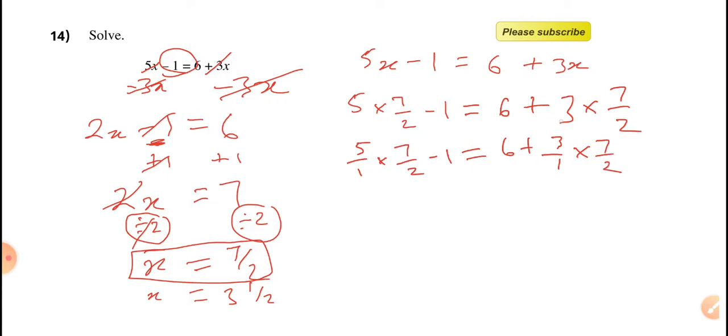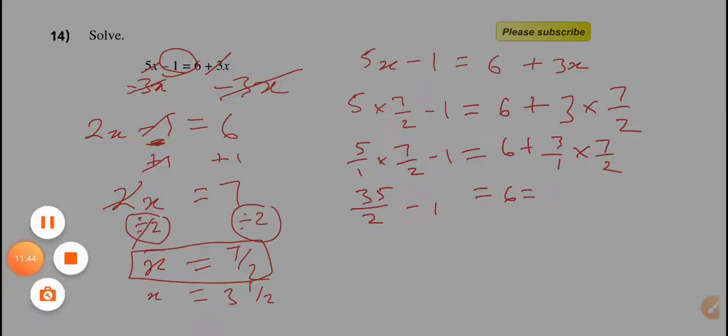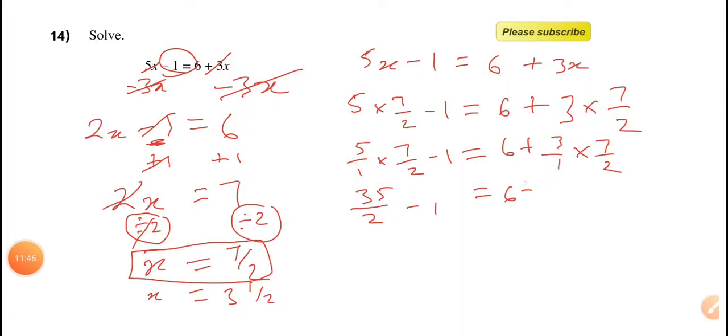I've put the 3 as 3 over 1 just to make it more obvious how we multiply the fractions. And remember, there's a different playlist for multiplying fractions. So on the left hand side, 5 times 7 is 35, and 1 times 2 is just 2, take away 1. And the right hand side, 6 add, and then 3 times 7 is 21, and 1 times 2 is 2.